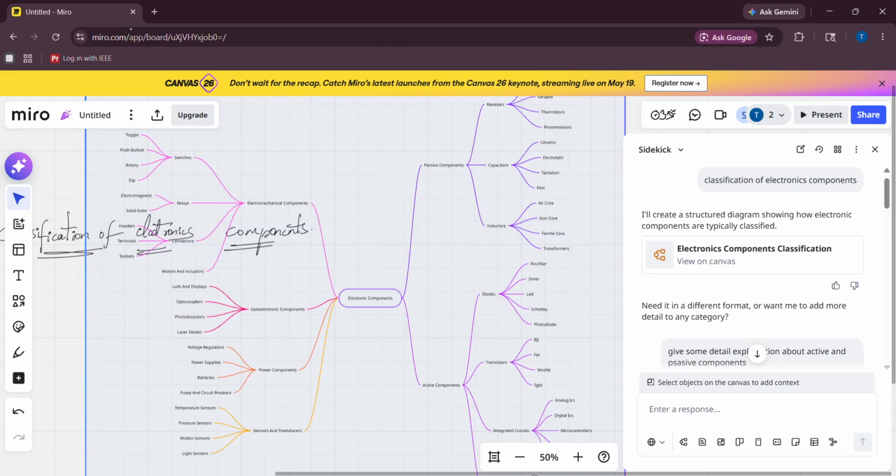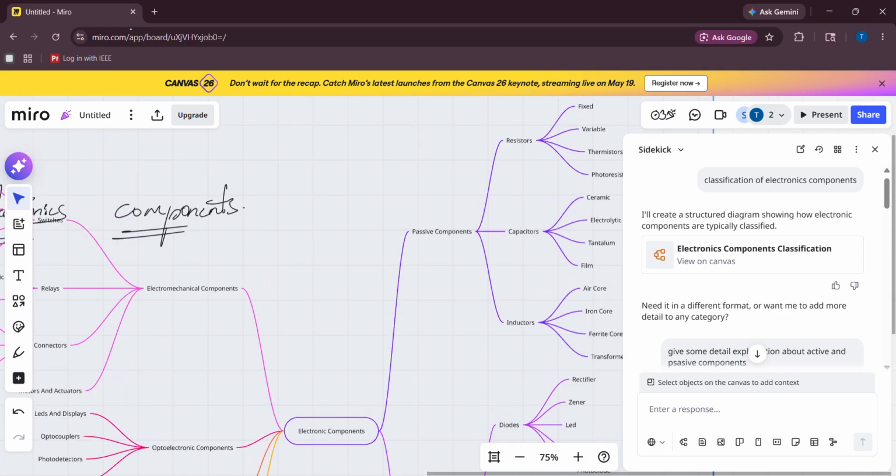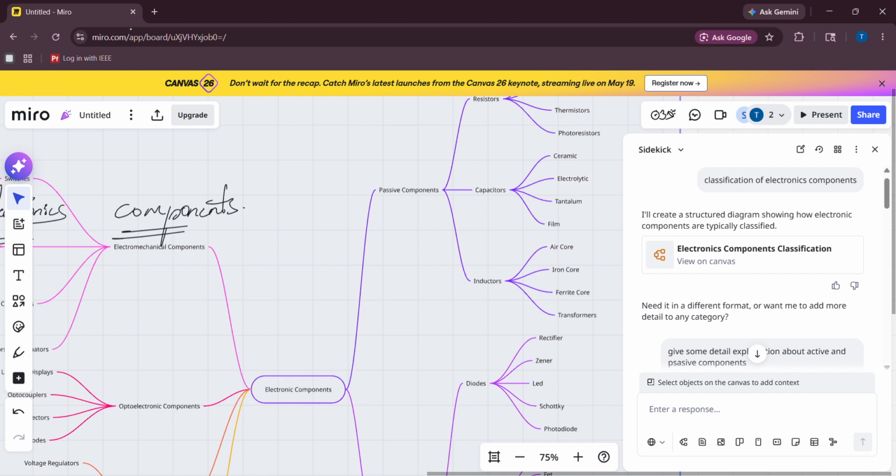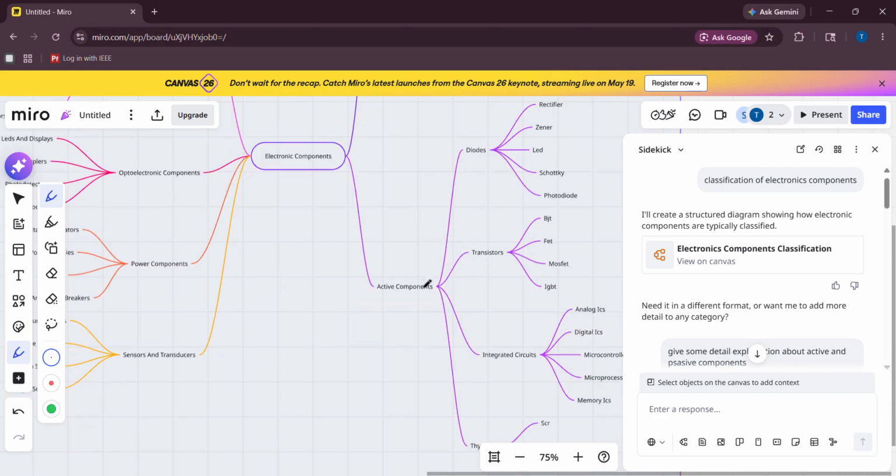Here, see electronic components. Mainly we know about the passive components and active components.